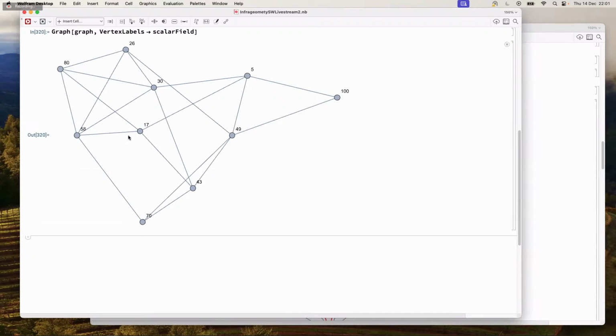The first thing that we established was that if you just have the information at the vertices, that's not enough data to determine whether this is a continuous function or not. Because of course, if this were a continuous space and you knew the value of this function at 10 points, then you could always define a continuous function that would interpolate between those points. So just knowing the value of the function at the vertices is not enough information.